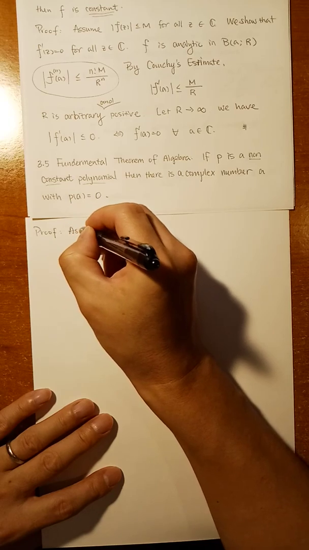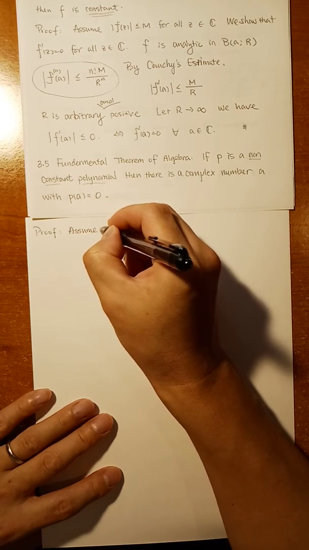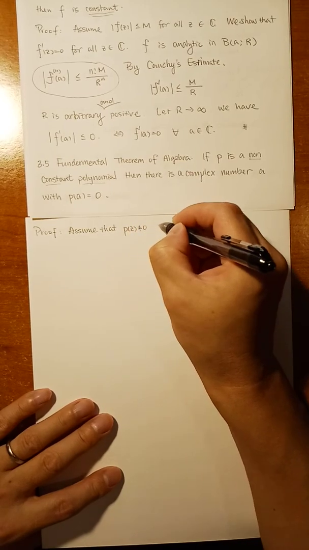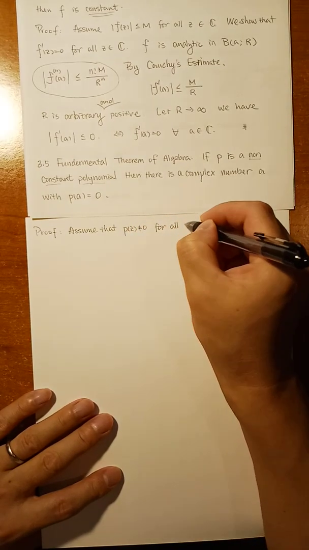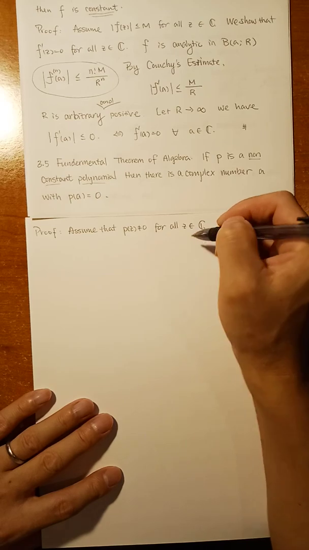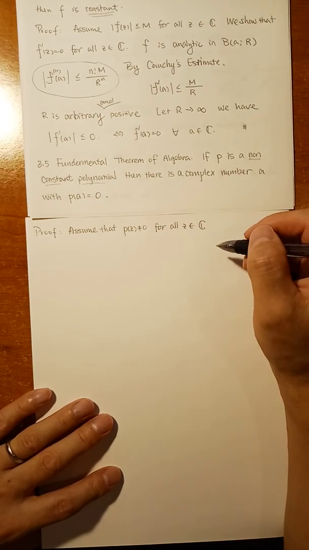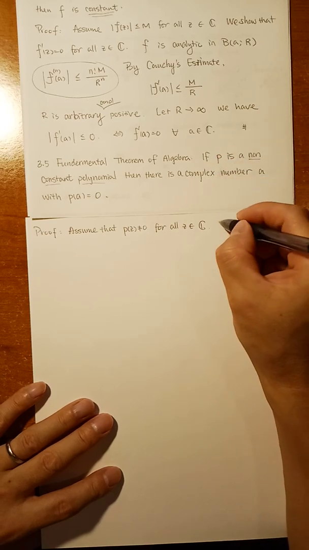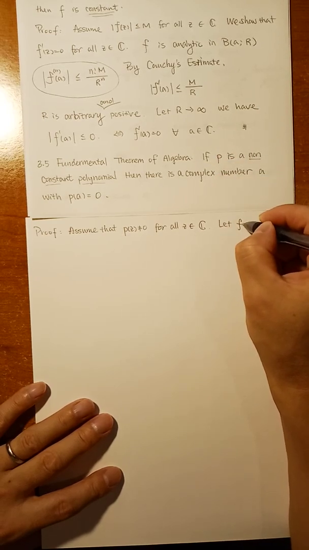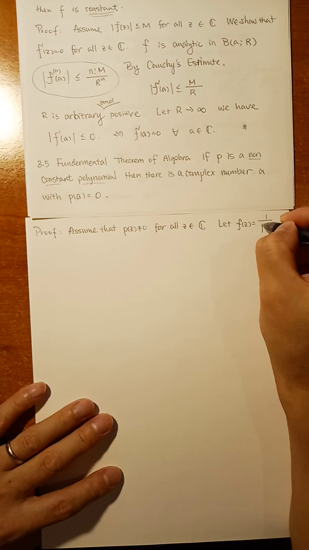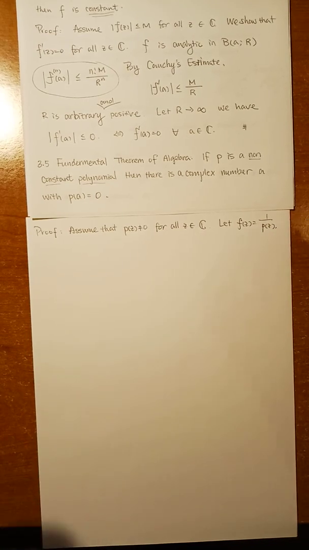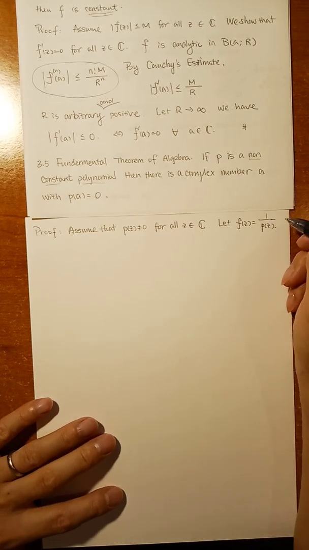Assume that P of z is not equal to 0 for all z in C. Since it's not equal to 0, we can put it in the denominator. We cannot put it in the denominator automatically, because I don't know if it can be 0 or not.